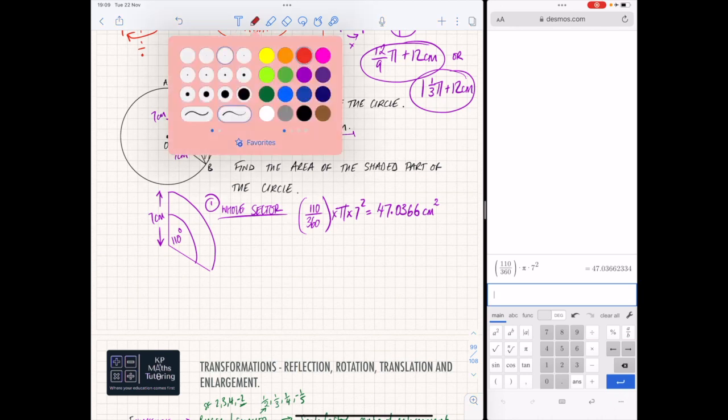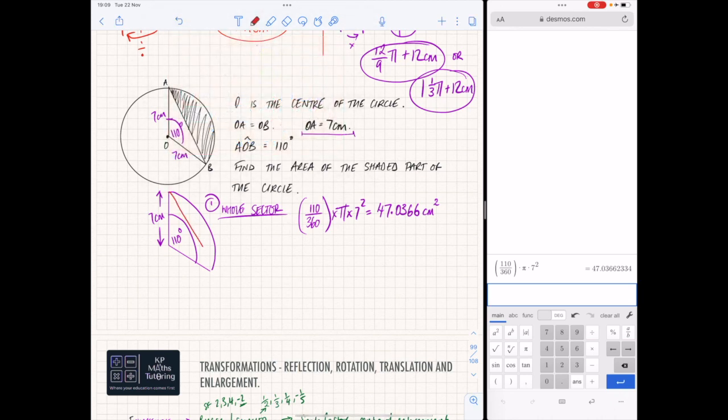Now, what I'm effectively doing is saying I'm going to cut off this triangle here, and if I cut that triangle off, I'll be left with this. So step 2 will be find the area of the triangle. Now, there are 2 ways you could do this.